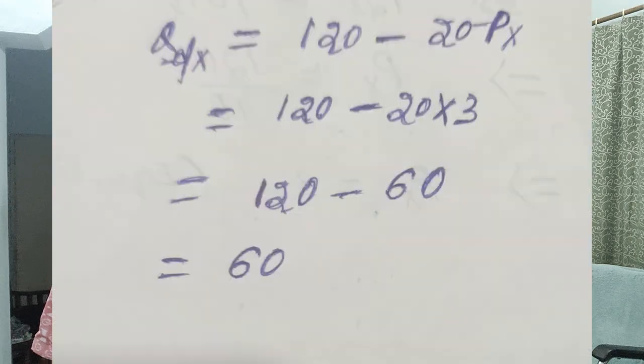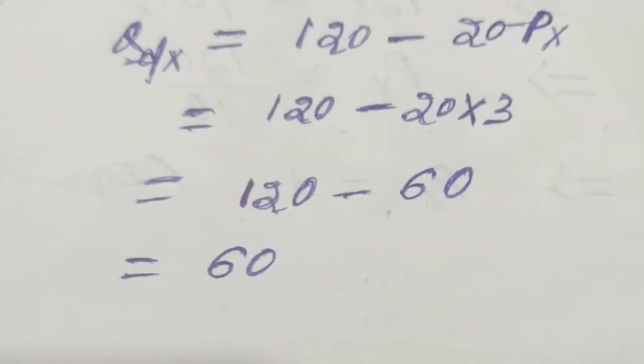Now the equilibrium quantity demanded is equal to 120 minus 20Px. We can put the value of price which we have found, 3, in place of Px. So 20 multiplied by 3 comes to 60, and 120 minus 60 comes to 60.